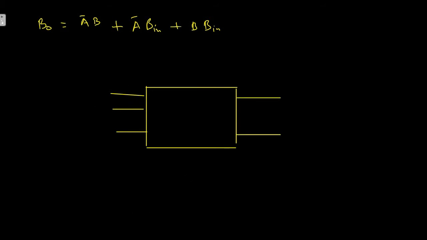These are A, B, B in, which are inputs, and difference and borrow output, which are outputs. This is called a full subtractor.